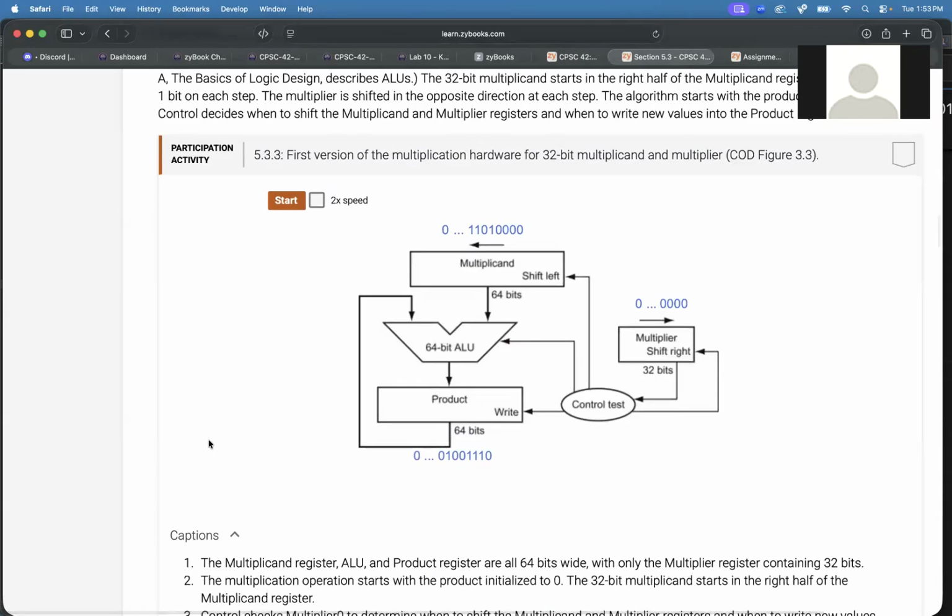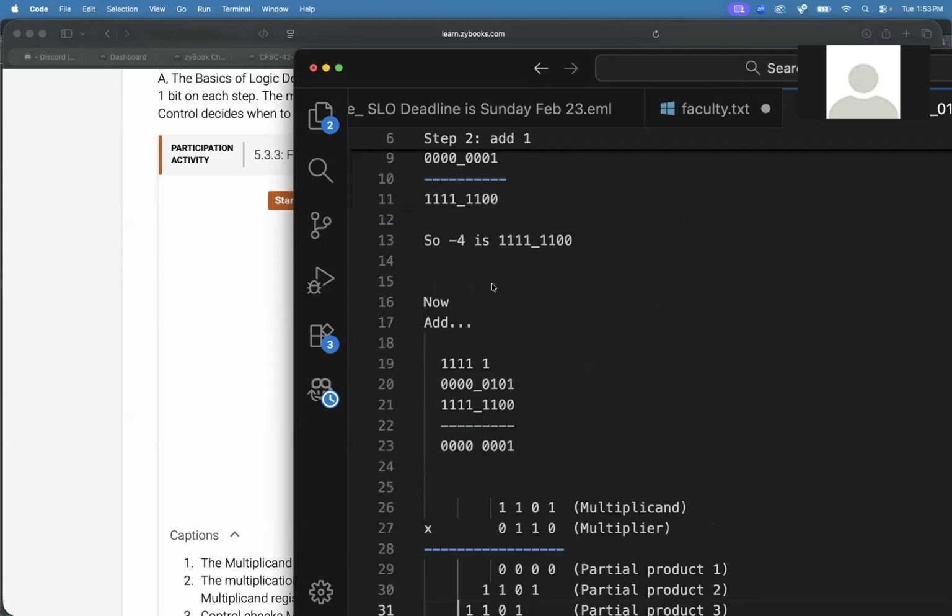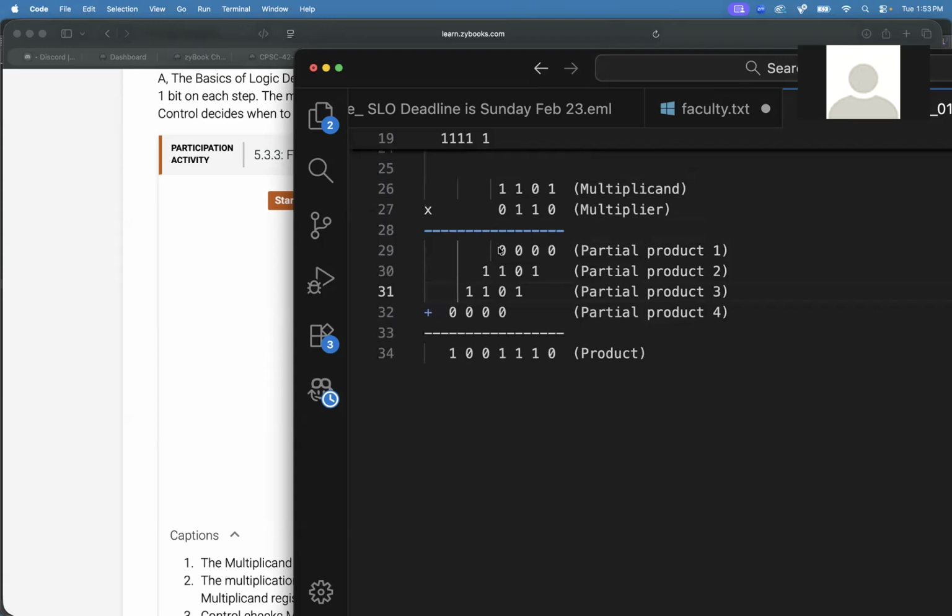All right. Now, this hardware right here is trying to illustrate the process that we just used here. The important thing to keep in mind about this, let me just delete these carry bits, is that these numbers either are 0 or they're 1101, which was the top number that we were multiplying, right?